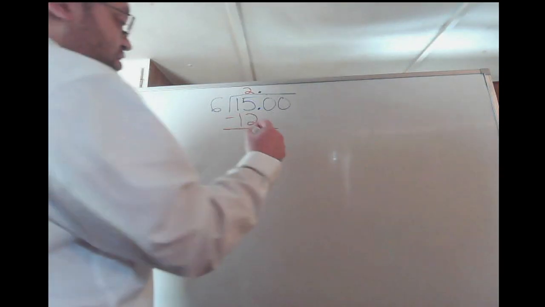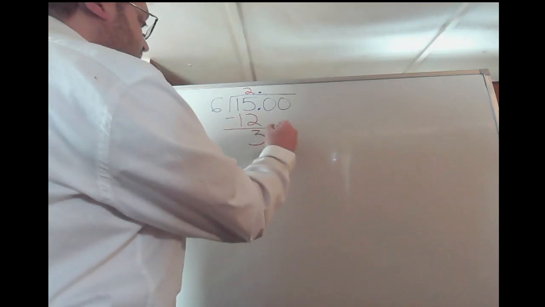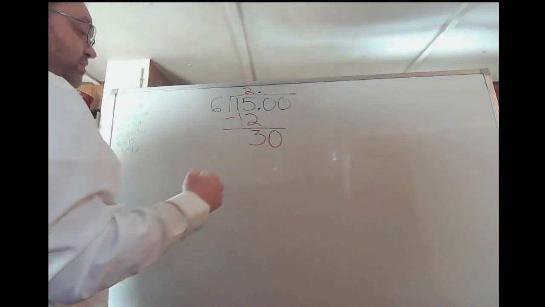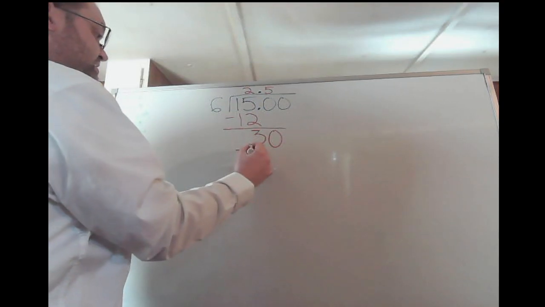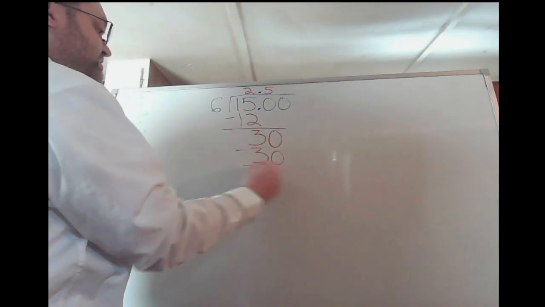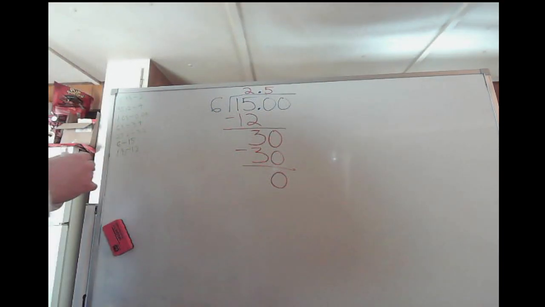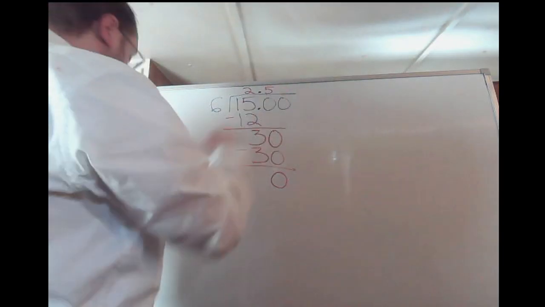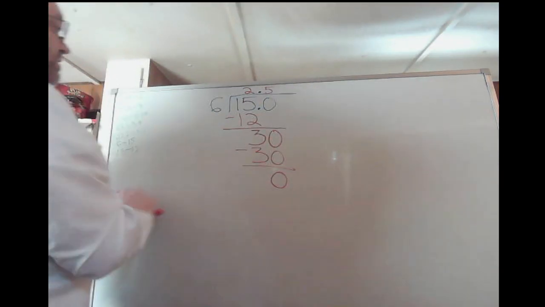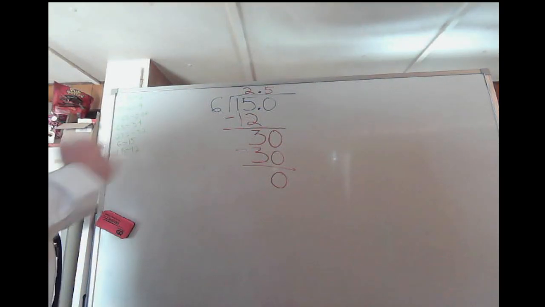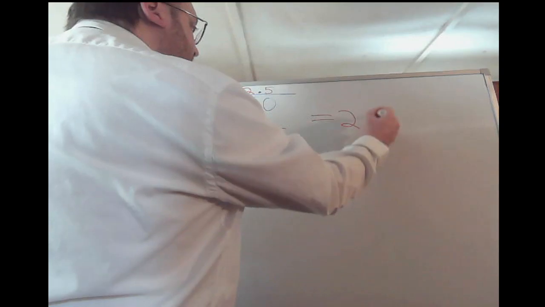So we want to have no remainder. We'll bring down that 0 from the dividend. 6 goes into 30 how many times? 5. 5 times 6, well, that's 30. 30 minus 30 is 0. We have a remainder of 0. We don't even need to keep going with the other zeros. Once you arrive at a remainder of 0, you're good. That's the goal, get to a remainder of 0. So your answer for this would be 2.5.